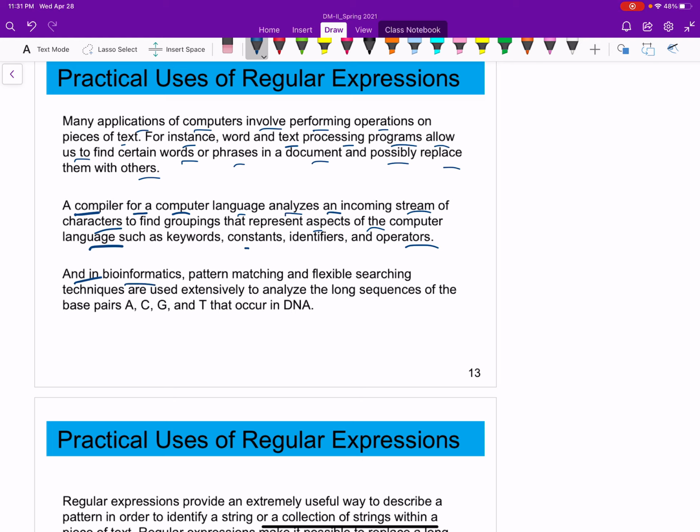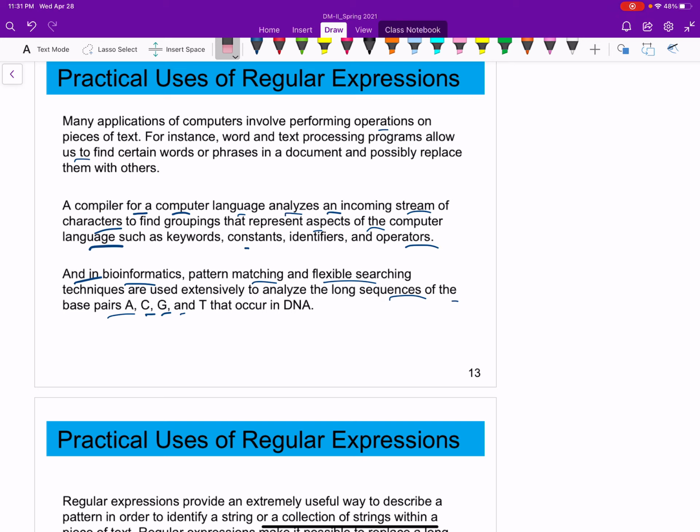And in bioinformatics, pattern matching and flexible searching techniques are used extensively to analyze the long sequences of the base pairs A, C, G, and T that occur in DNA.